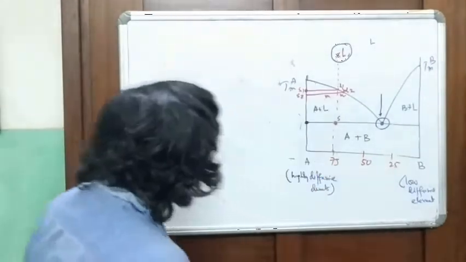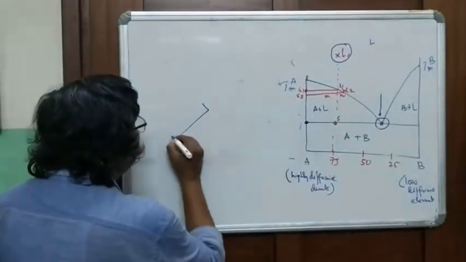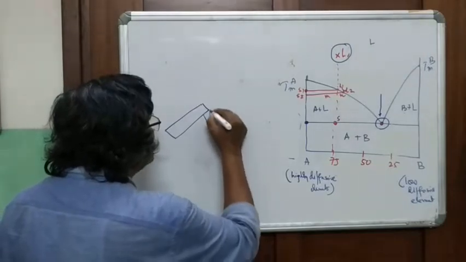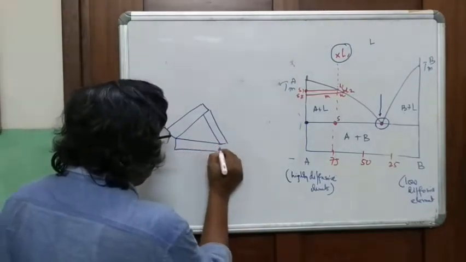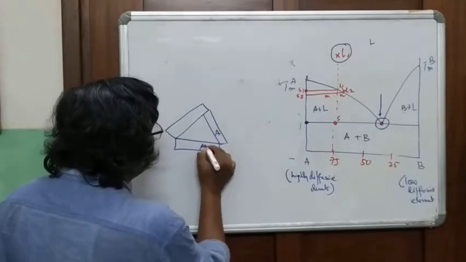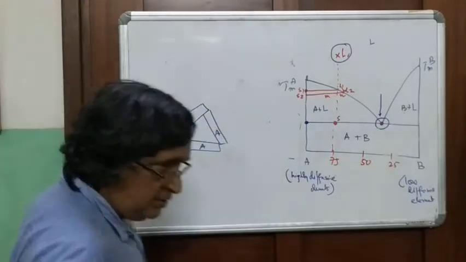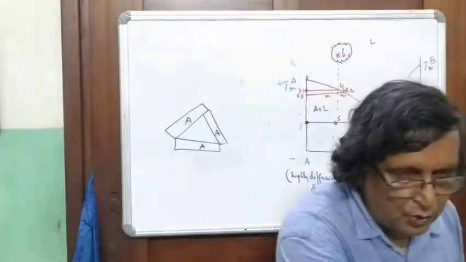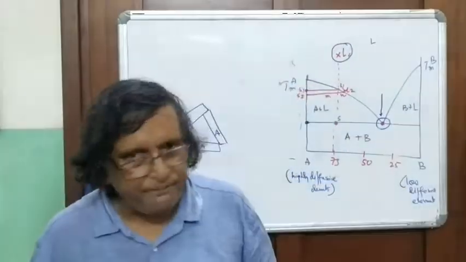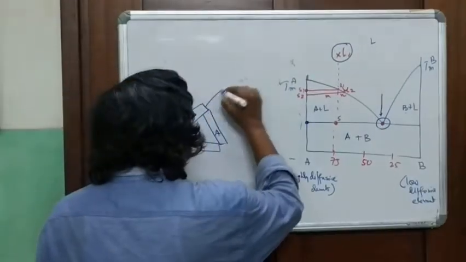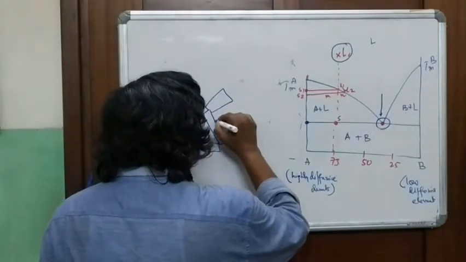So what happens essentially, your major framework is done possibly by A. These are the early formed A crystals. They grow to large sizes, and they are, as I told you, euhedral in shape, and they may be randomly distributed, depends on how they form.